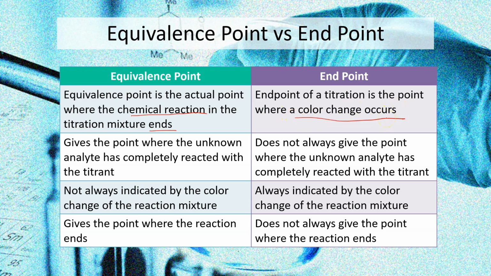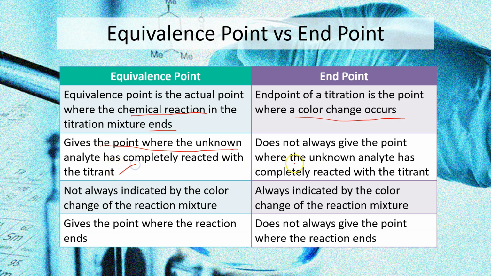In other words, if you want to indicate that the chemical reaction between two analytes in the titration ends chemically, you can refer to the equivalent point. And if you want to indicate the end of the reaction physically, you can refer to the endpoint.